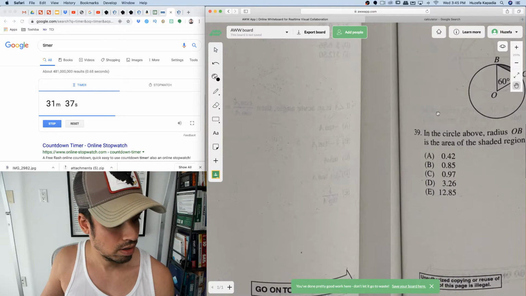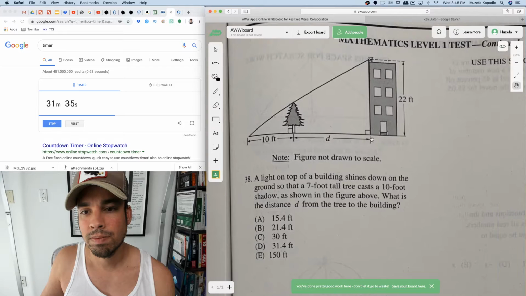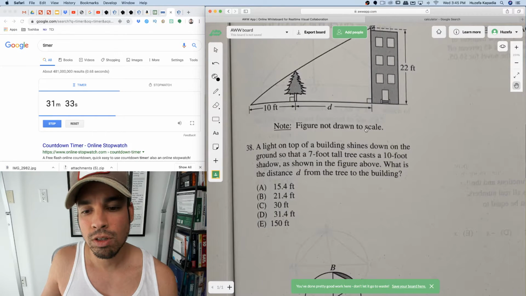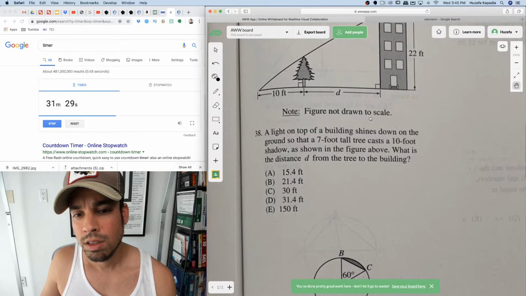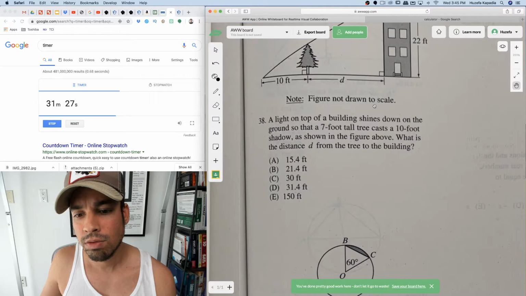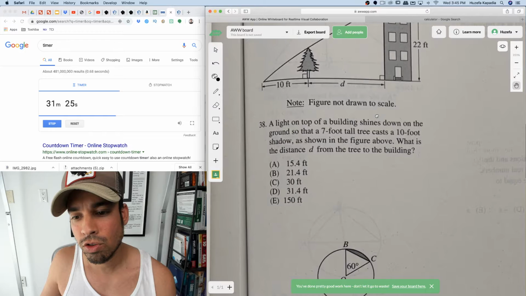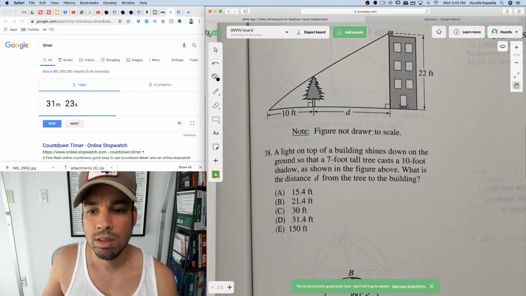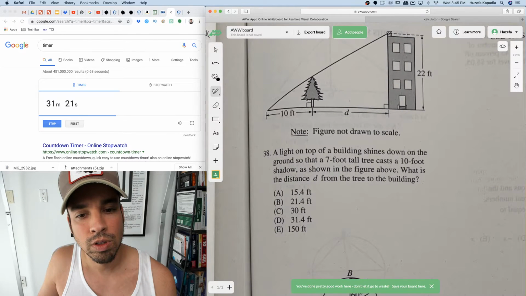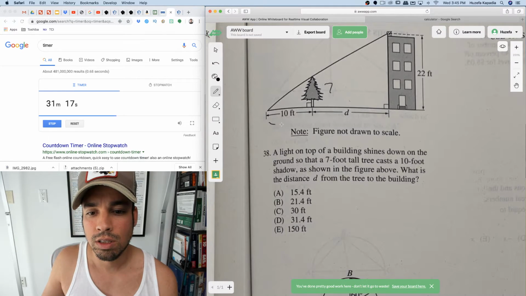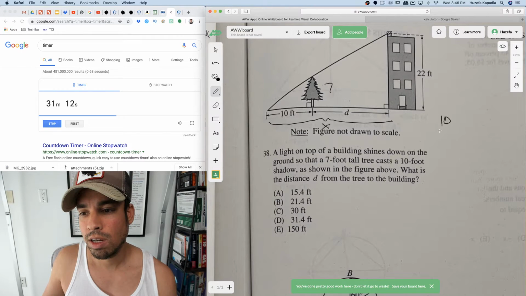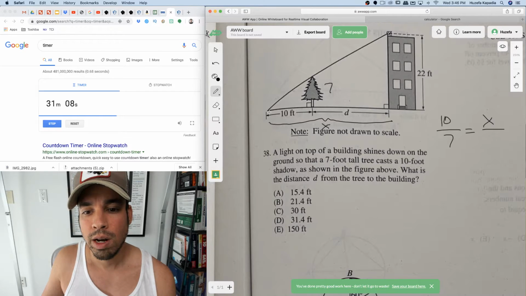Okay. Next, 38. Figuring out drawing scale. Light on top of a building shines down on the ground so that a 7-foot tree casts a 10-foot shadow shown in the figure. What is the distance d from the tree to the building? Got it. And this tree is, didn't put it in there, but it's 7 feet. So we can do a proportion. So 10, watch this. First, we need to solve for this value. I'm going to call this x. So 10 to 7 equals x, right?